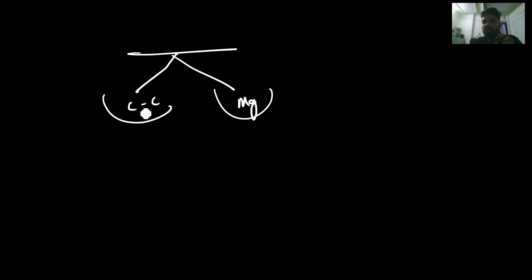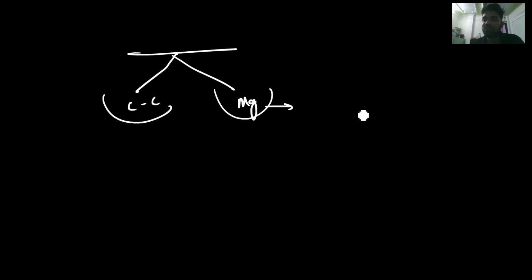If we put 2 carbon atoms on one side and the magnesium atom on the other side, we get equal mass, equal weight. But here we are not saying that one magnesium atom has 2 times the mass. No, it is not going to have 2 mass.